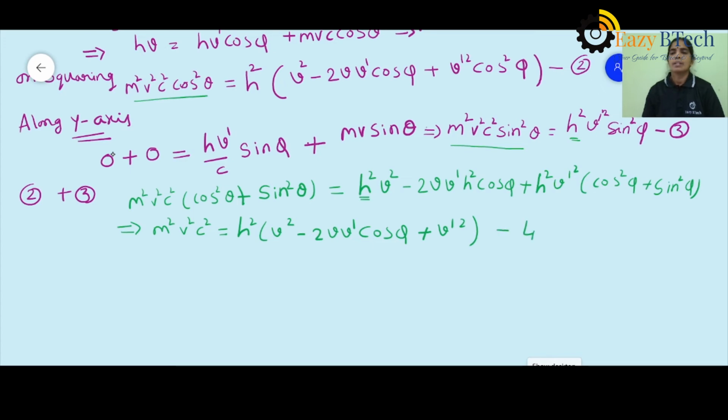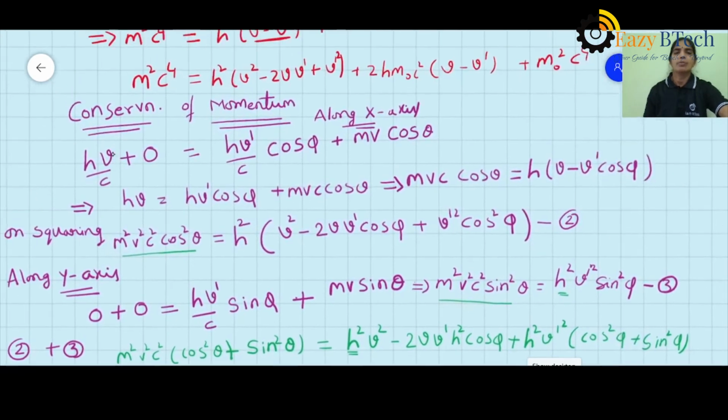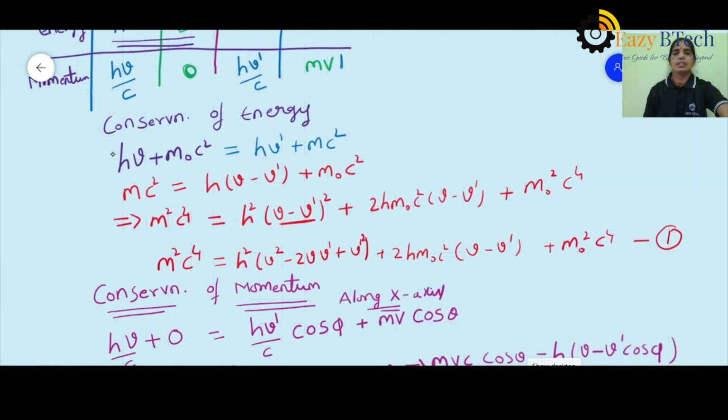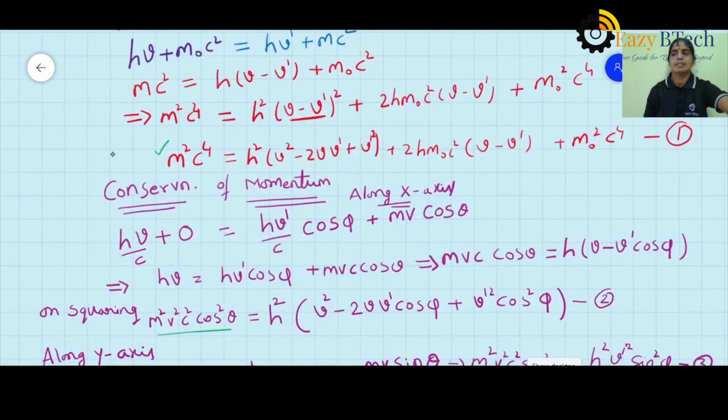I'm going to number this equation as 4. Now subtract 4 from 1. So what is our equation 1? Our equation 1 is about energy. This is equation 1, m square c power 4. So we will rewrite that equation and then subtract so that it becomes easy for us.